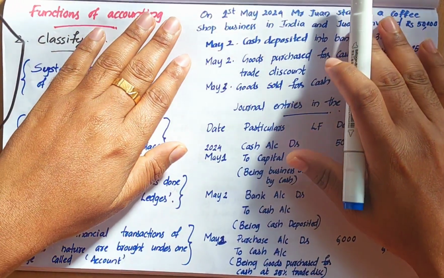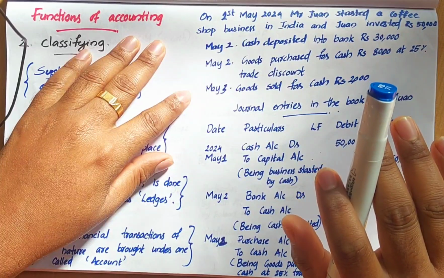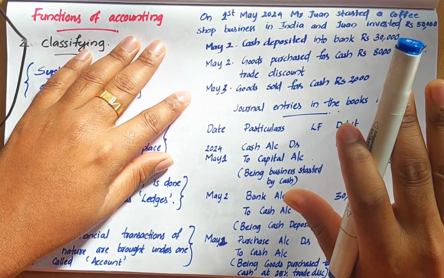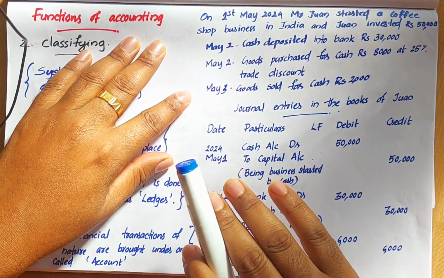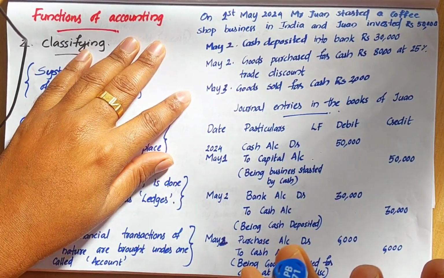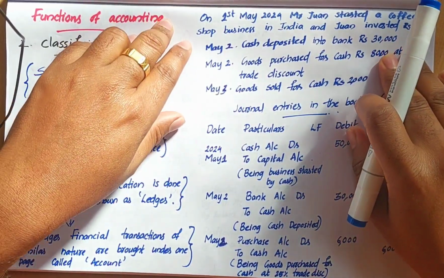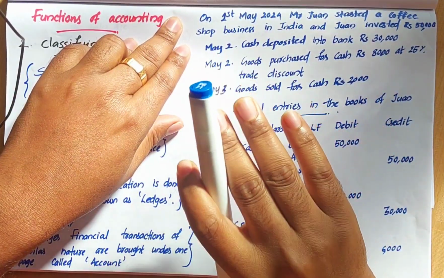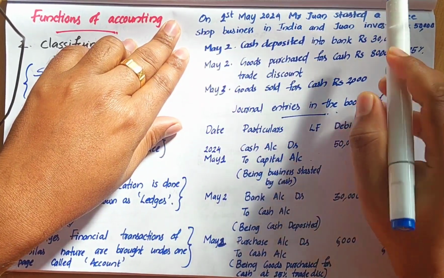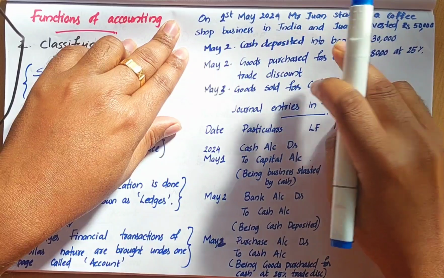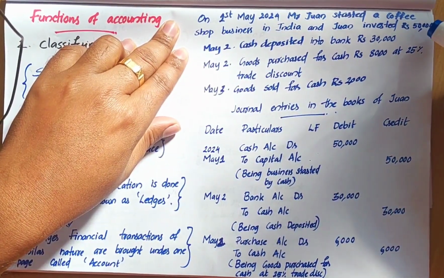So we have one example here. Basically, we will take 2-3 transactions, record them in the journal, and classify them through the ledger. This is our objective in this video. The example: on 1st May 2024, Mr. Juan started a coffee shop business in India and invested Rs 50,000.